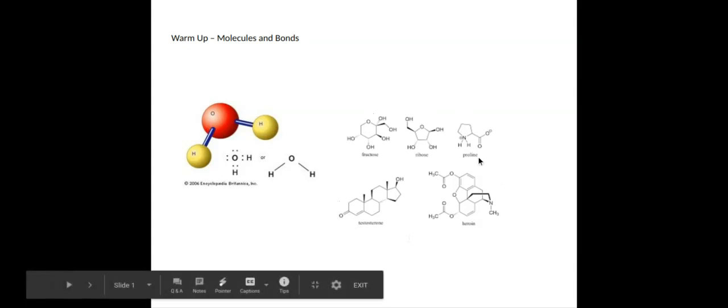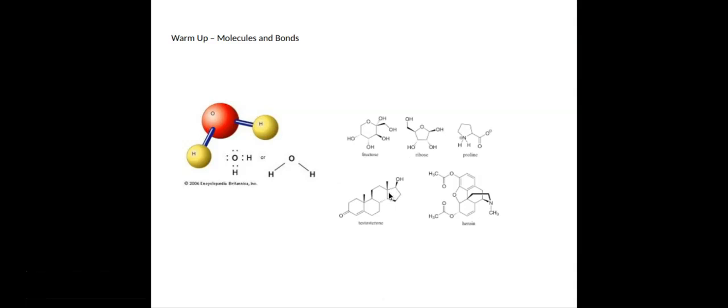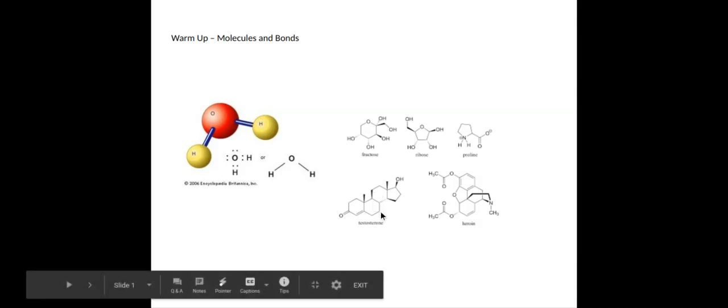So in these different diagrams, everywhere you see a meeting point of lines, like here and here and here, but there's no letter there, that actually means that there's a carbon there. They just don't bother to write them because they're so common in organic molecules. So this is like carbon, carbon, carbon, carbon, tons of carbons. Okay.